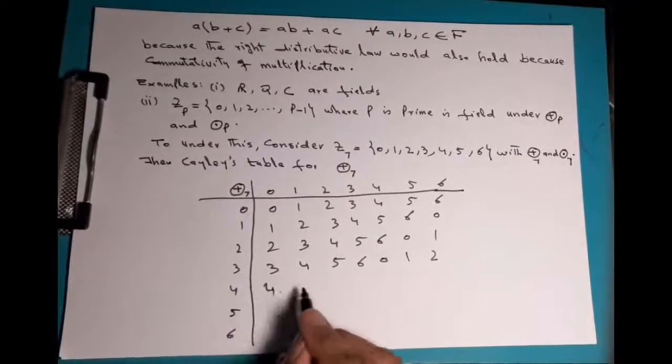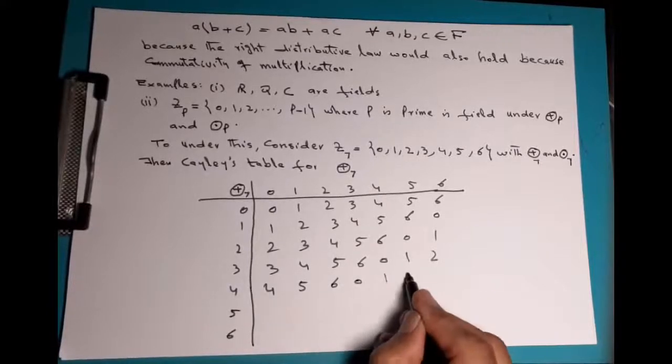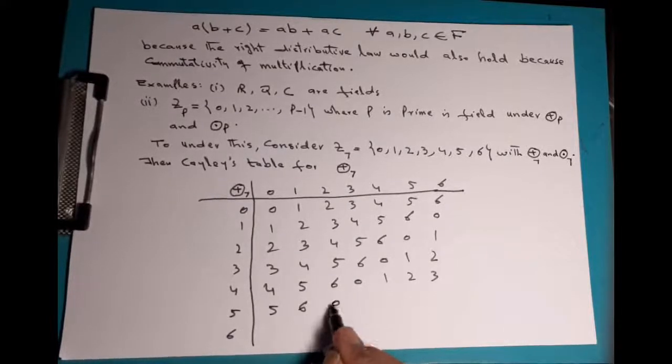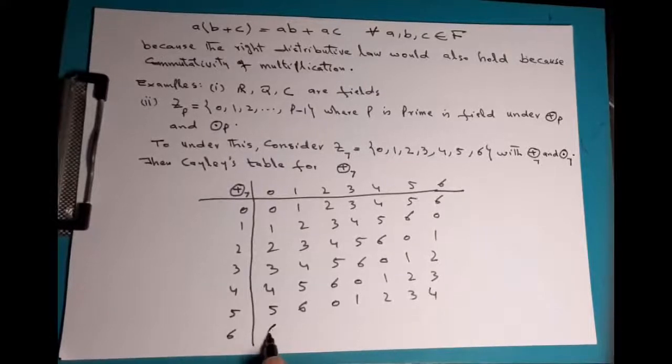Then 4, 5, 6, 0, 1, 2 and 3. Then 5, 6, 0, 1, 2, 3 and 4. And then 6, 0, 1, 2, 3, 4 and 5.